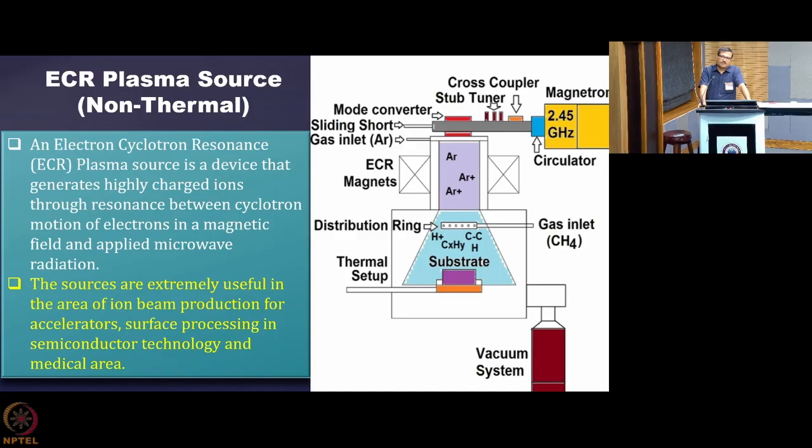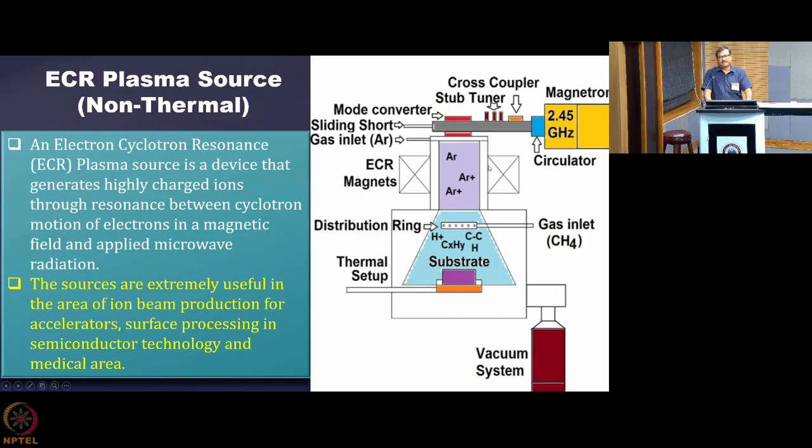So, you can see on the right hand side it has a magnetron device which produces 2.45 gigahertz microwave. So, this is a microwave generator.